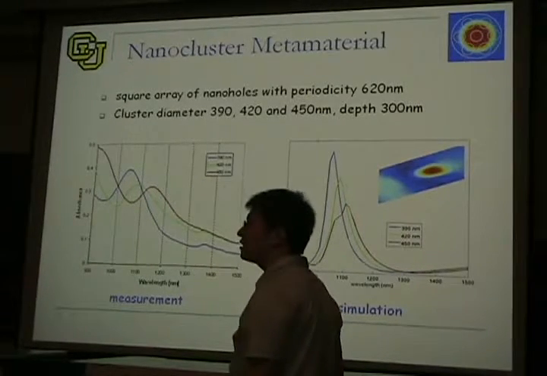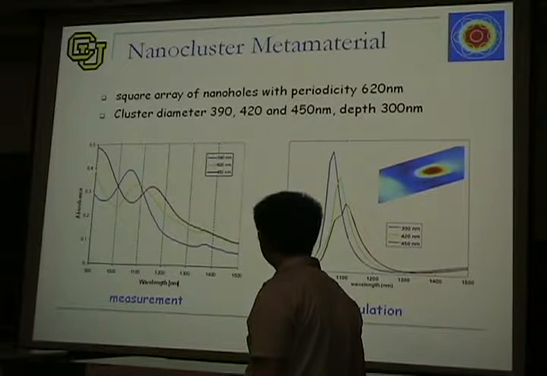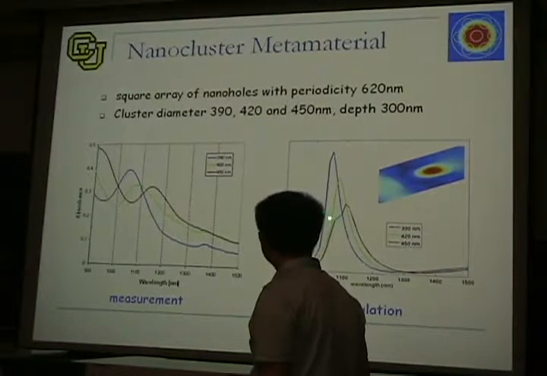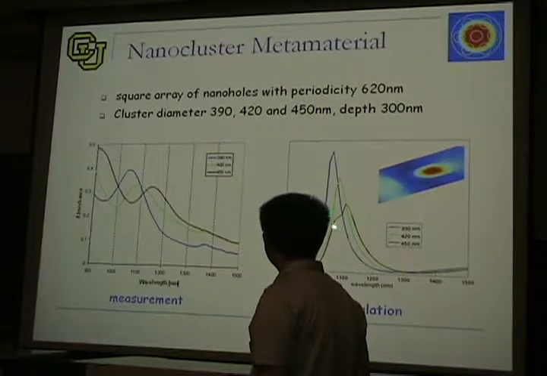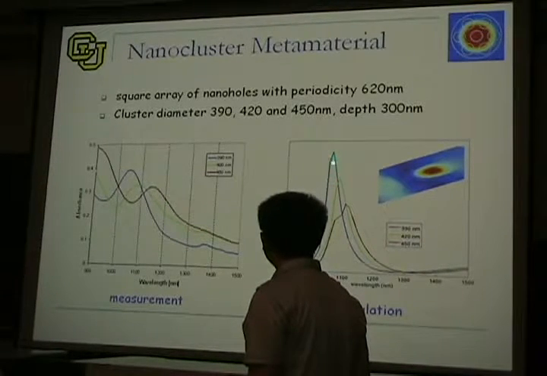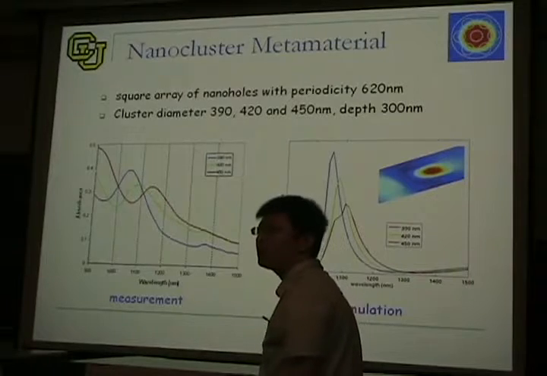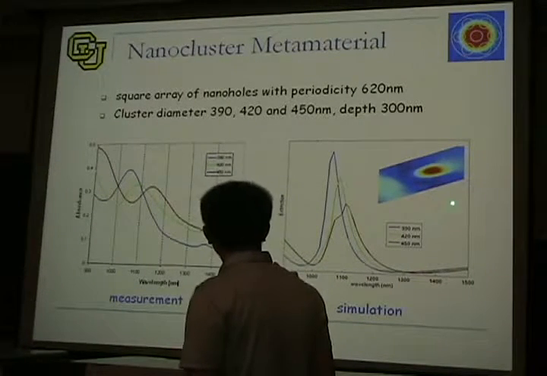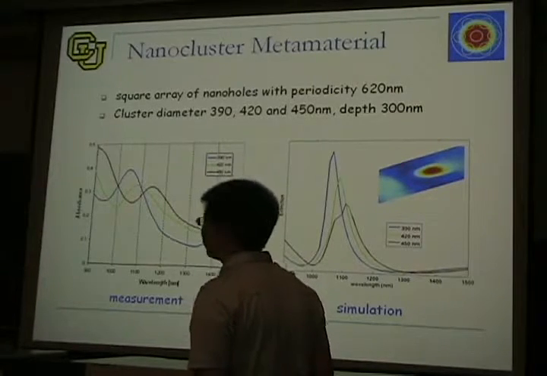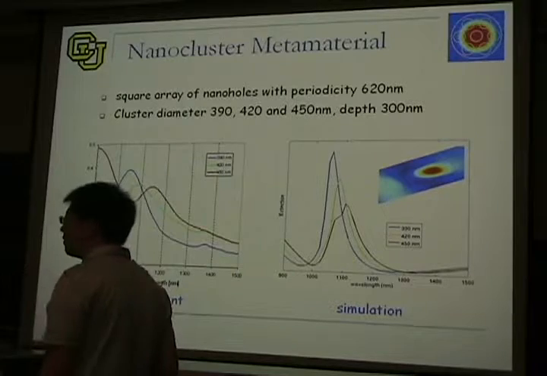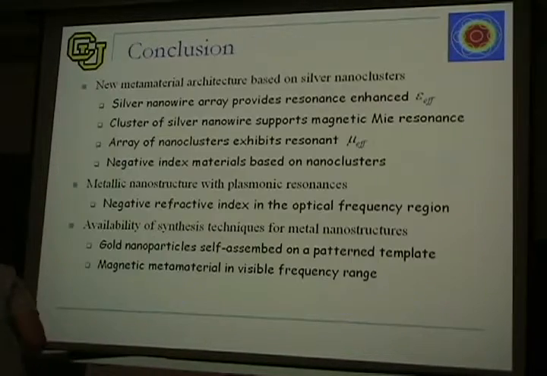And indeed, in the calculation you can see the absorption peak also shifts to longer wavelengths. From the calculation, we also notice this absorption peak is indeed due to the localized magnetic resonance, as can be shown by those magnetic mode patterns. This is a magnetic dipole resonance here.